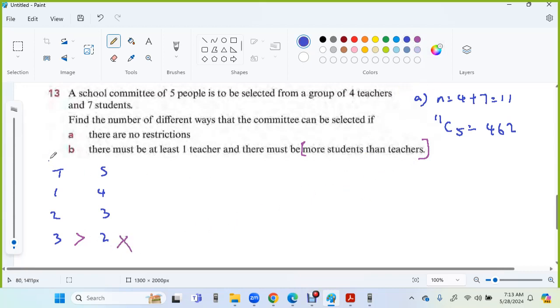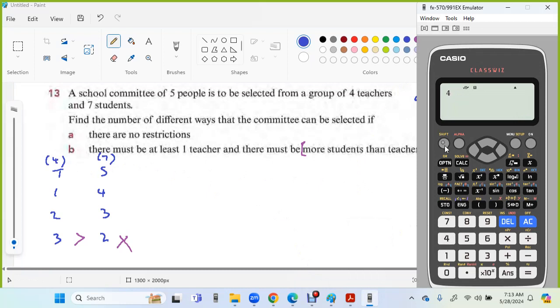Okay, so out of 4 teachers, 7 students. So for the first case, it will be the 4 choose 1 multiplied with the 7 choose 4. Okay, 7 choose 4, 140.